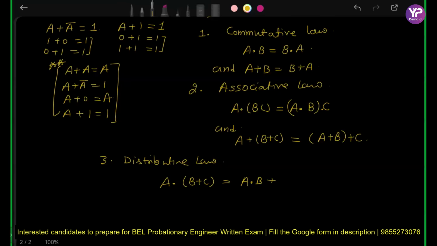I think this also already came in your last FT exam of this CSC. A and B plus C is going to be A and B plus A and C. He asks which of the following represents the distributive law. So there are three: commutative, associative, and distributive law.